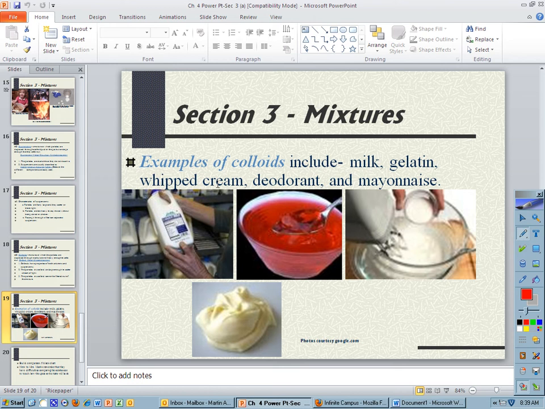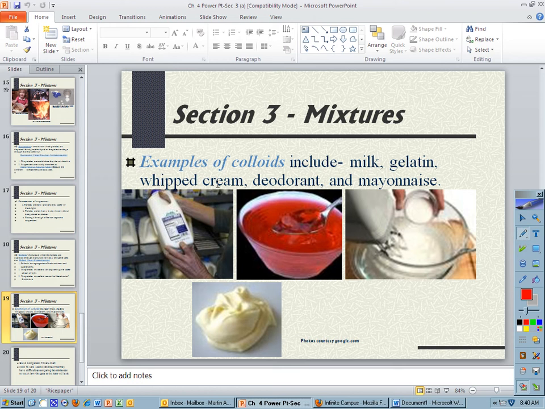Other examples of colloids that you need to know are fog, which is a liquid in a gas. Smoke is a solid in a gas. And toothpaste, which is some solids in a liquid.